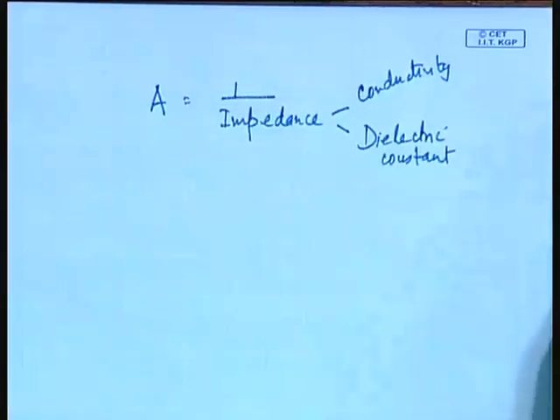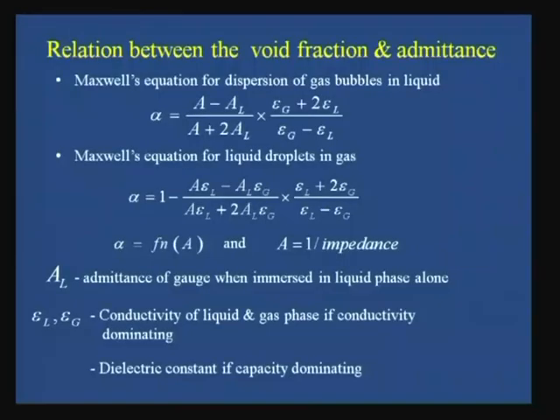So, if this admittance has to be related to void fraction, then there has to be some mathematical relationship for it, isn't it? Now, any mathematical relationship we use, firstly it will not be a linear relationship, and secondly it cannot be the same for different flow patterns.